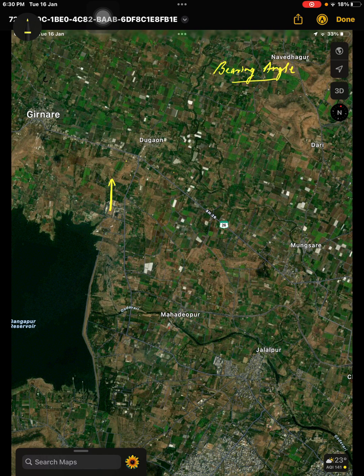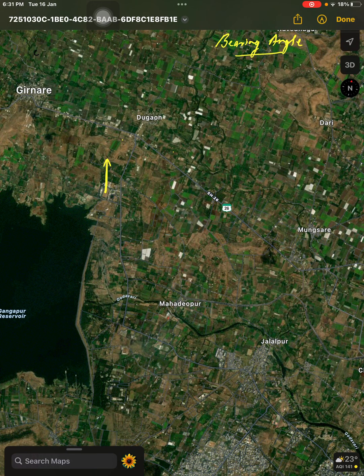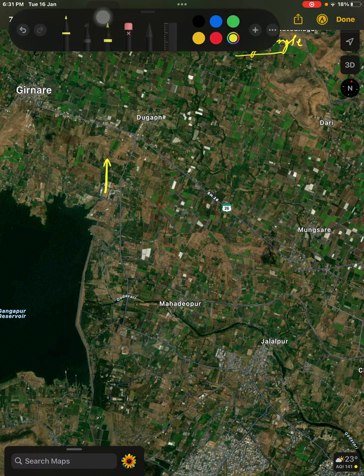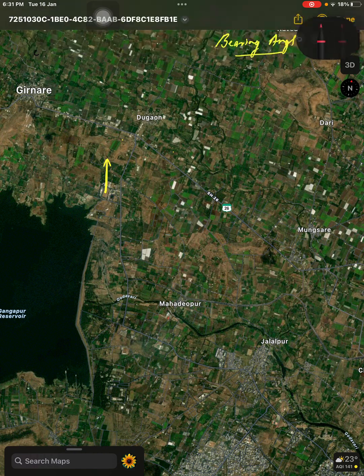Let's look at Dugaon. That is Dugaon over here. Let me just mark it in another color. I'm using red over there. So if I am to look at Dugaon, the measurement is done in an anti-clockwise manner. Dugaon is right over here, and this is the north of Dugaon.